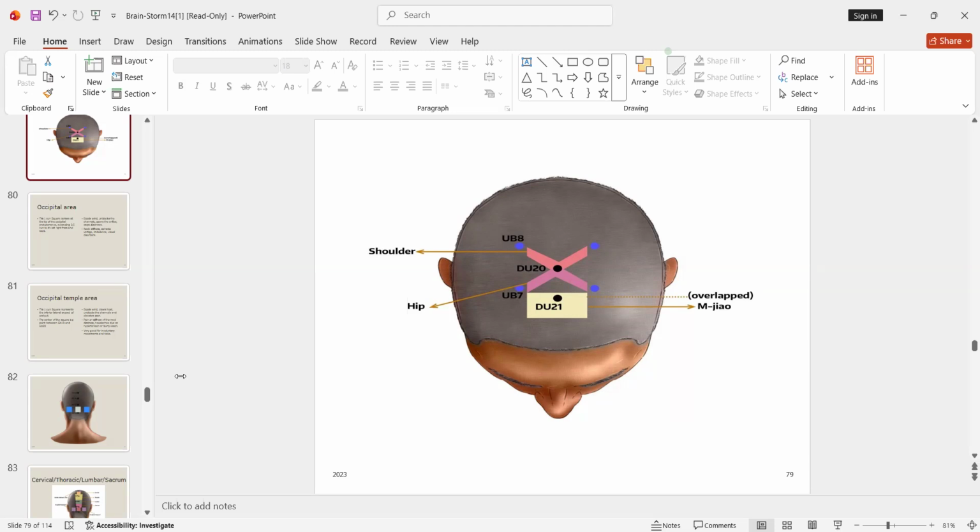Back points are for the shoulder and front side points are for the hip area, hip and lower leg problems. And the foot area is also here. Hip and foot. It can treat the whole leg. For the cervical region, cervical to hand fingers, you can treat with the shoulder area.